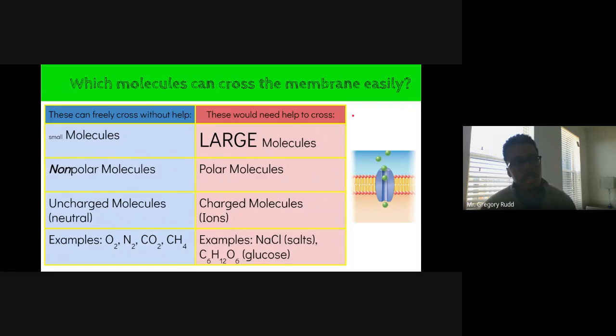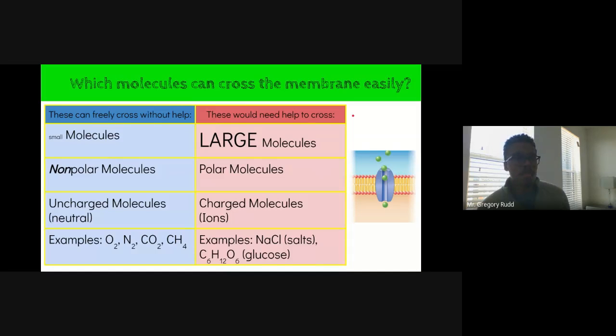These molecules also have to be uncharged. They have to be neutral. They can't have a positive or a negative electrical charge. On the other hand, other molecules do need some help. They might need to move through a protein channel. They might need the additional help of some cellular energy, which we'll talk about today. But these molecules tend to be larger. They might be polar, or they might have an electrical charge.